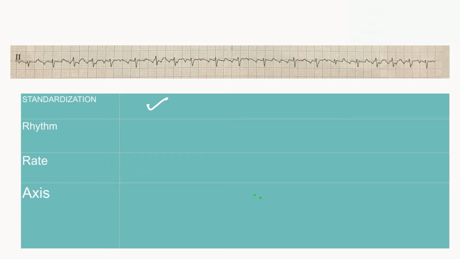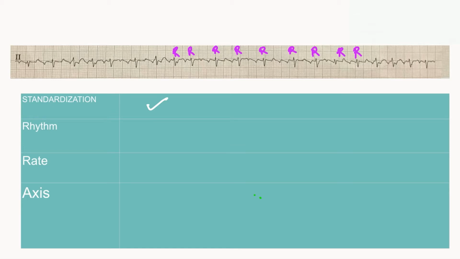Inside the irregular rhythm, we have to find out whether this is a regularly irregular rhythm or an irregularly irregular rhythm. You can note that the R waves are marked by me now. The RR intervals vary between each R wave.